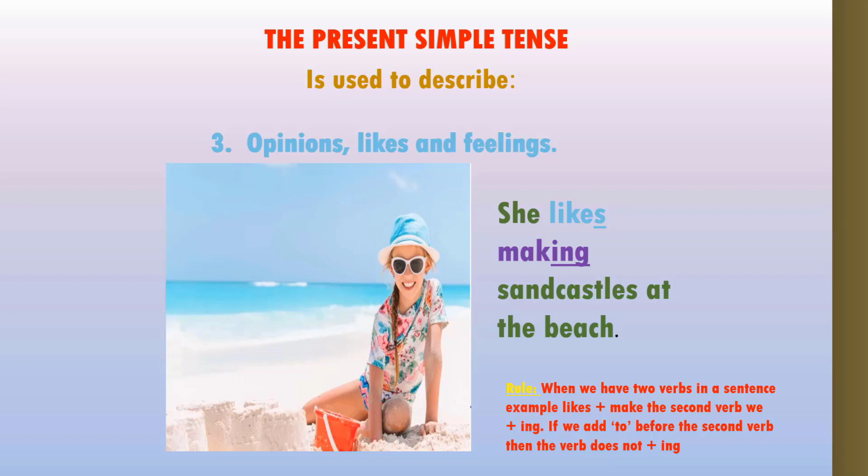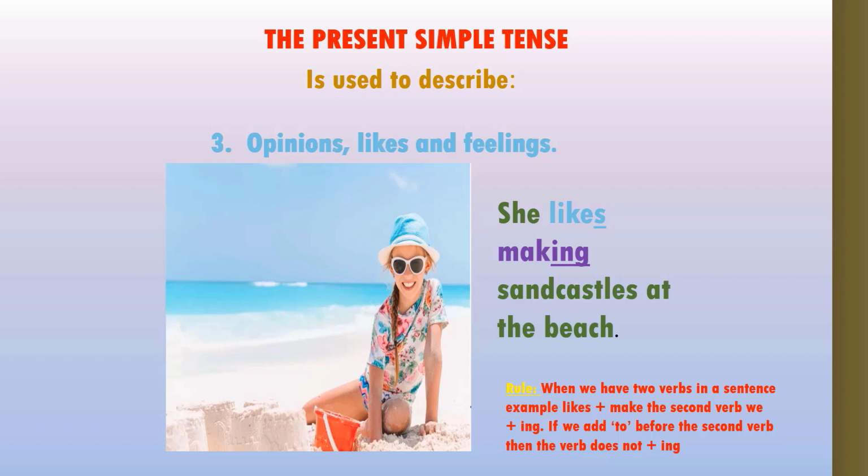Okay, so if for example the sentence said she likes and then we continued the sentence with to before the second verb, then we do not add the ing. Example, she likes to make sandcastles at the beach. We don't say she likes to making.